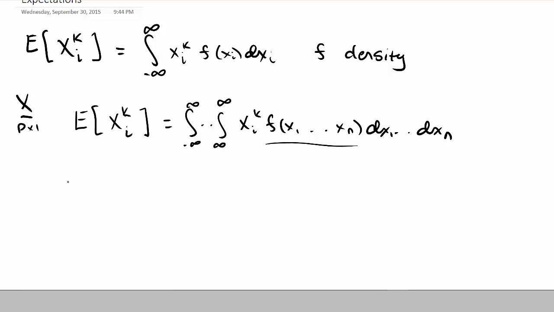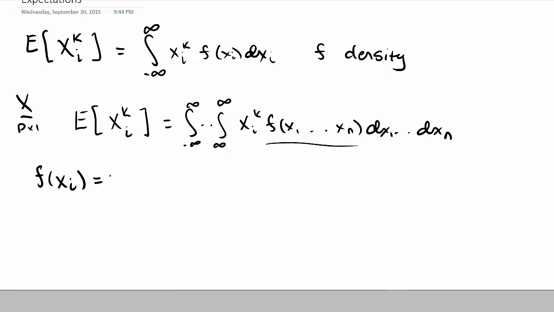How would you get to the marginal distribution f of xi? It's a little bit sloppy notation to use f for both the joint and the marginal, but I hope you understand what I mean. Let me write that out a little bit better: f of xi, with a little m over it.